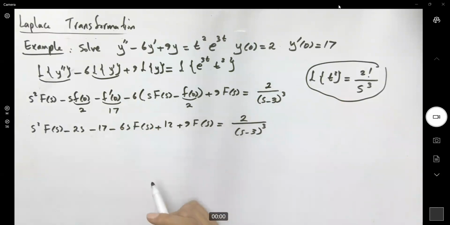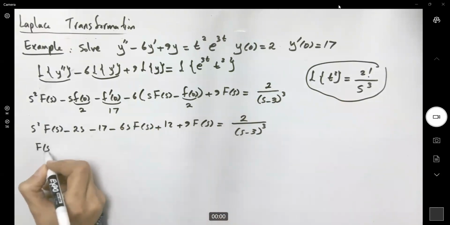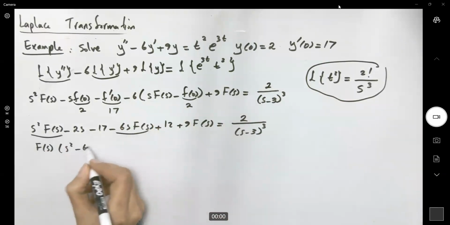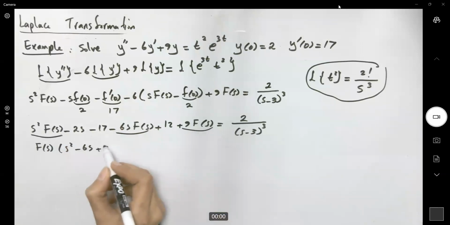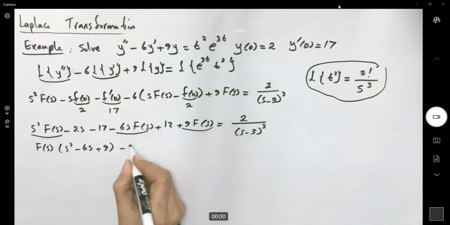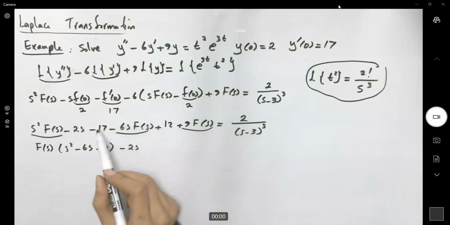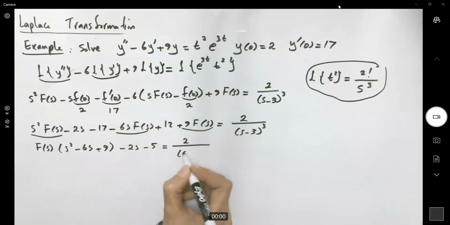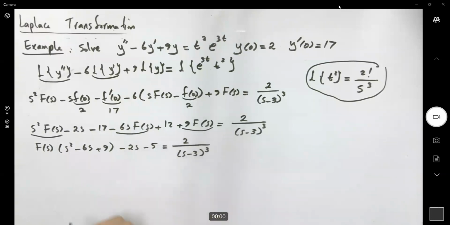The rest is just pure algebra. If you factor out F(s), it becomes (s squared minus 6s plus 9) F(s), and here you have negative 2s, and 12 minus 17 is negative 5, equals 2 divided by (s minus 3) to the third.